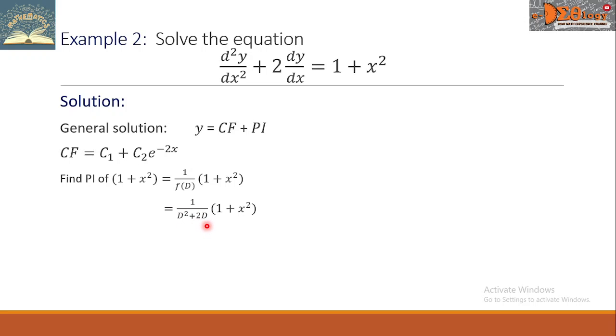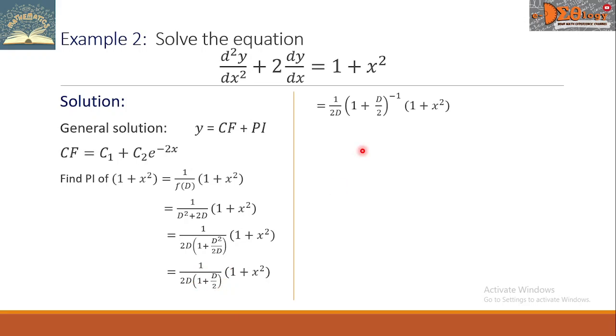Let us factor this out, and it will show like this: 2D times the quantity 1, that is when we divide 2D by itself, plus the D squared divided by 2D. We simplify the D squared over 2D into D over 2. And from here, we're going to put it in the numerator using the negative exponent. So it becomes like this.